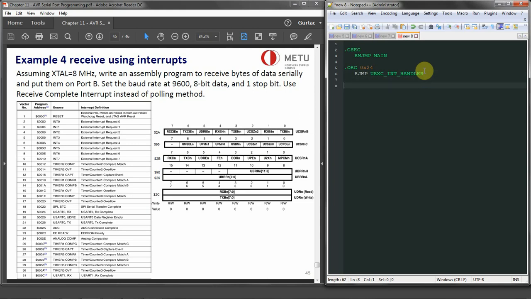Then somewhere else at the bottom, let's say .org at hex 100. We want to write our main program. Again, we have to use the stack as we are using an interrupt. So stack init, high RAM, low RAM can be initialized in there.